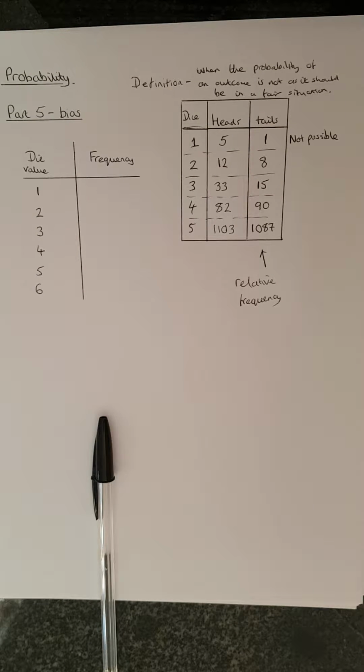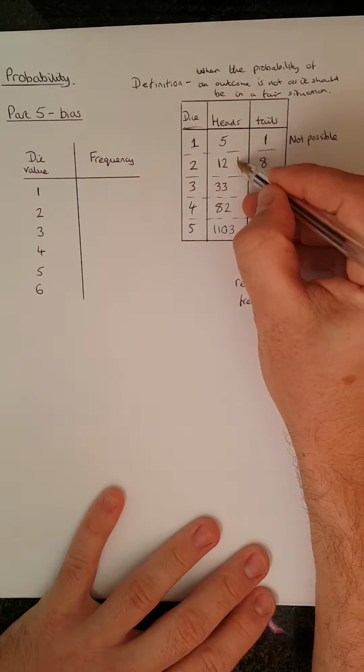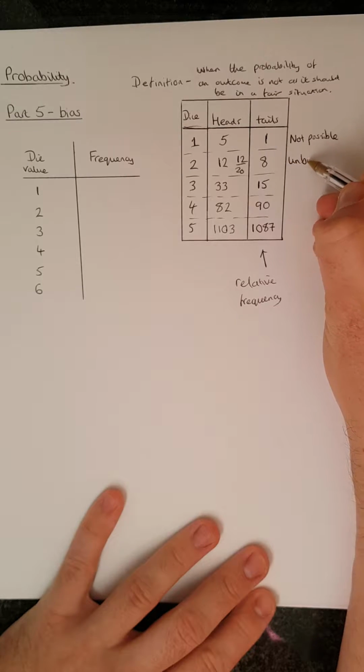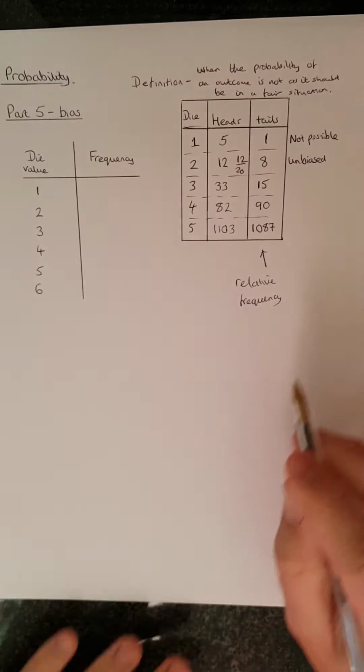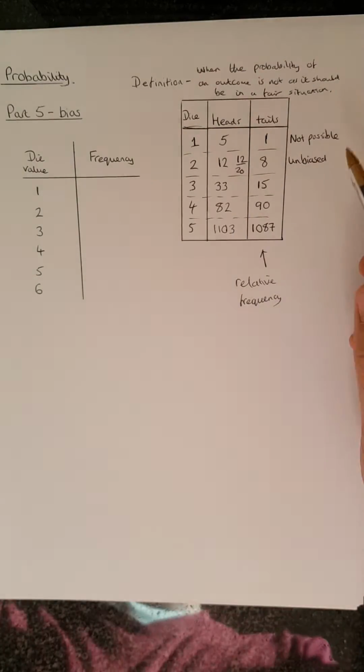Okay, what about dice 2? Well, 12 out of a total of how many were heads? 12 out of 20, which is only slightly more than half. So I would say that is unbiased. You may disagree.